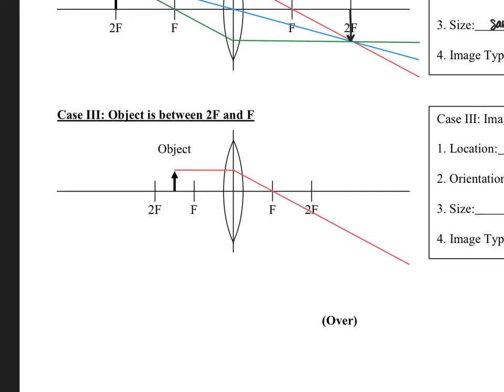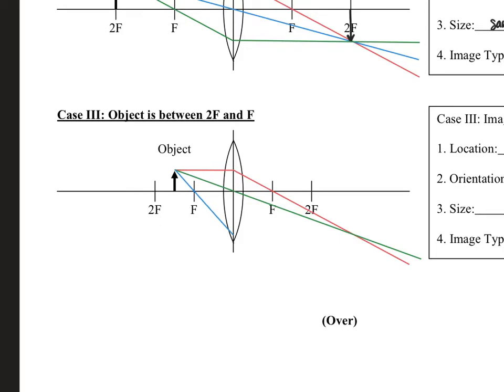Boom. Our second one goes straight through the center of the lens. So let's do that. And fix it real quick. Straight through the center. And then our last one goes through F first. And then refracts parallel.